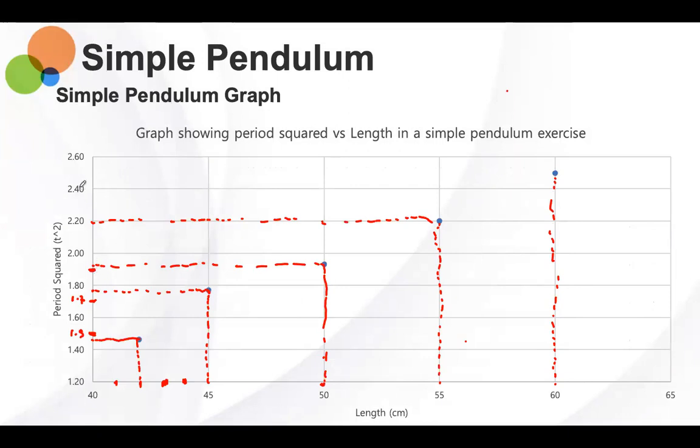Now tell me, what is in the middle of 2.4 and 2.6? 2.5. So we have 2.5 here, and we would match this up to this particular point over here.